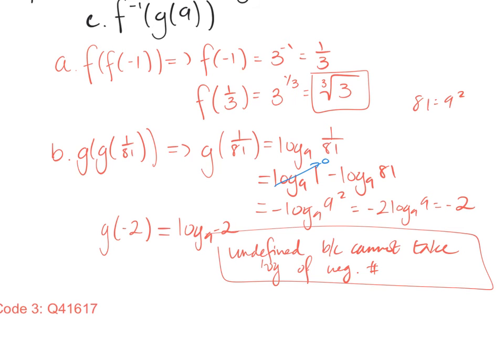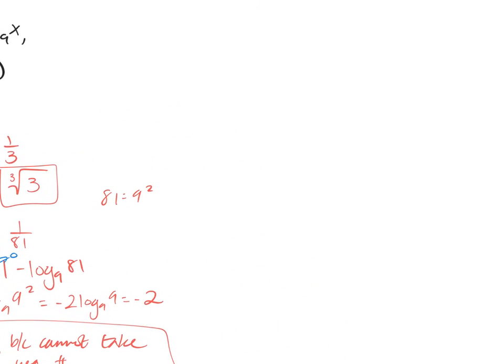And lastly, c, we want to find f inverse of g of 9. So first thing, remember that f inverse of x has to be the inverse of f, which is 3 to the x. And remember that the inverse of exponential functions is logarithms.